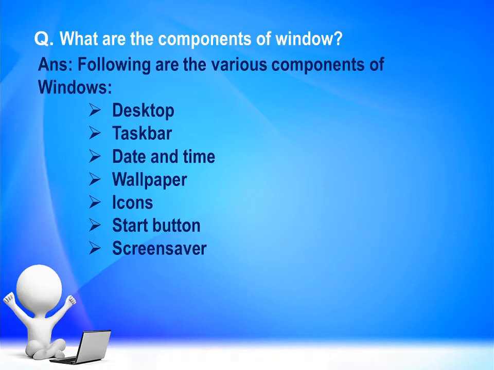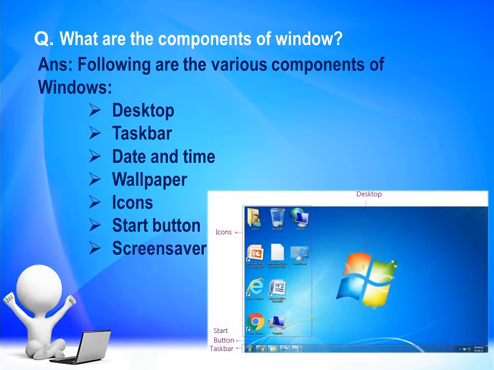Children, here we can see an image of a Windows screen. Here in this image we can see desktop is marked. Here the full screen is known as the desktop.